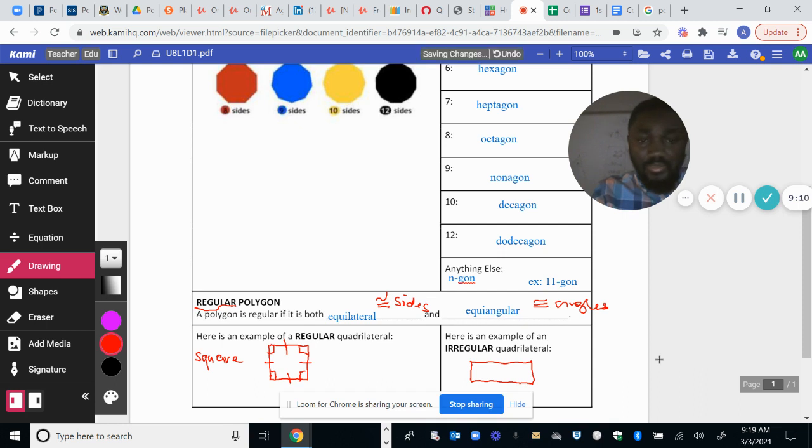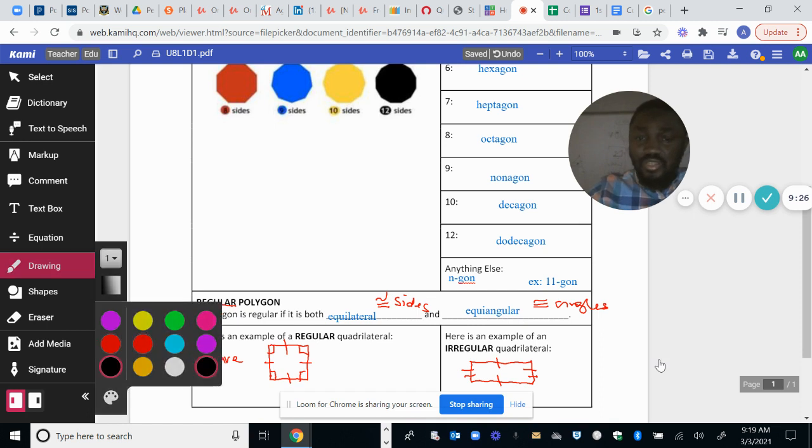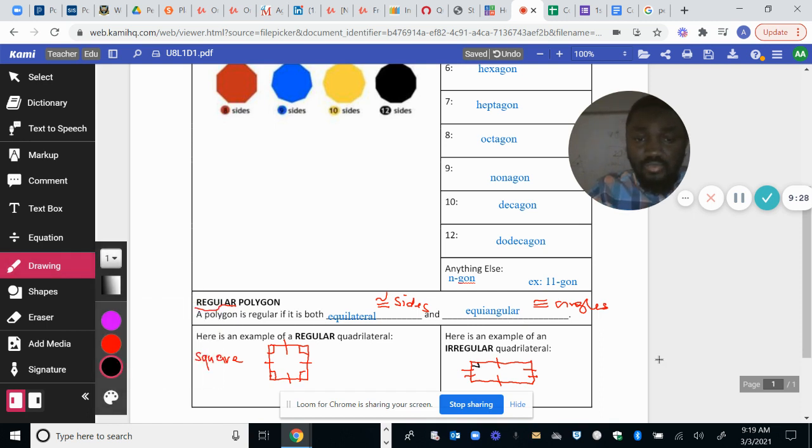In a rectangle, the opposite sides are equal, so the upper and lower sides are congruent, and the extreme parts are also congruent, and each angle measures 90 degrees. But since the sides are not congruent, we can say this is not a regular quadrilateral.